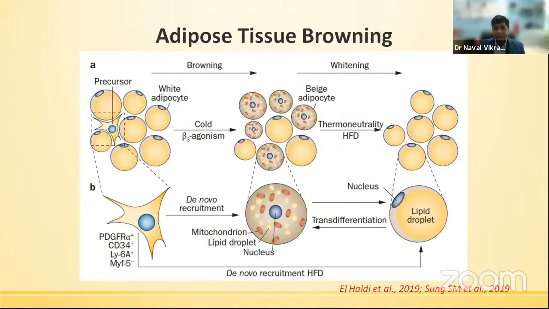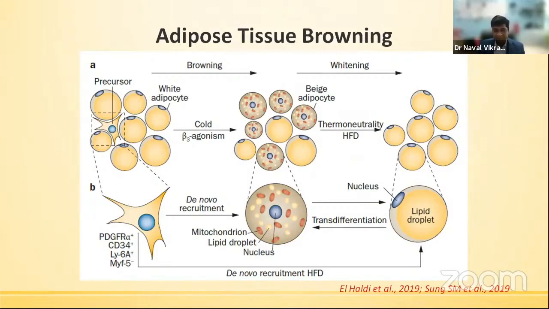And when the situation is reversed, that is in thermoneutrality or a high-fat diet, these beige adipocytes can again turn back to white adipocytes. So this is a dynamic and reversible process, and several factors may come into play here.